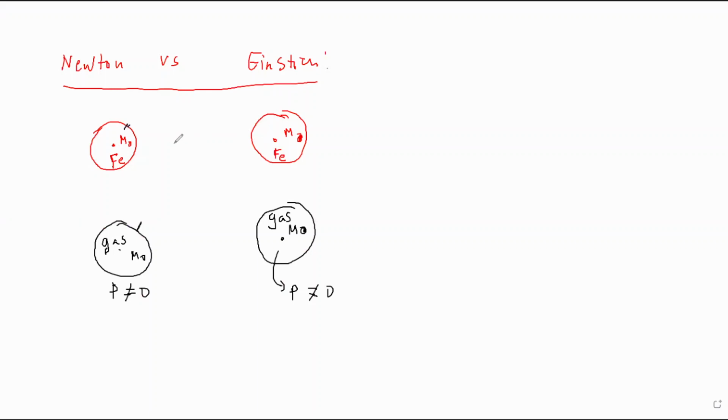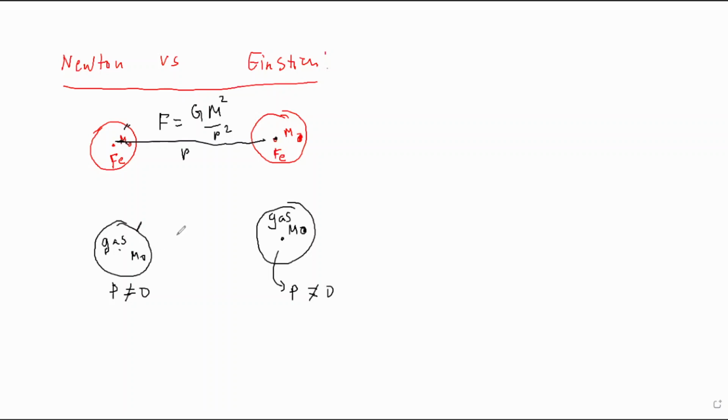Now tell me, what is the force of attraction according to Newton between these two balls? You can assume the center of mass is at m naught. The force is G m naught squared by r squared. But Newton said whether it has pressure or not, the force only depends on the mass.